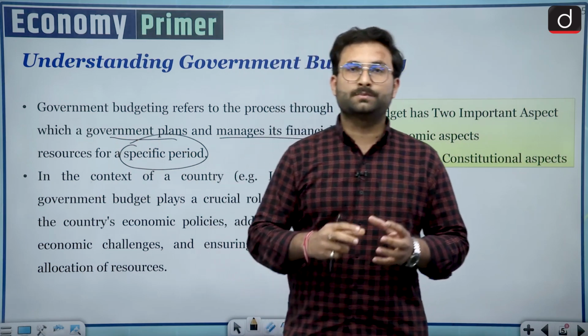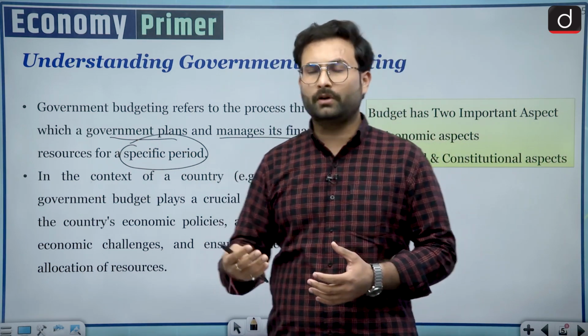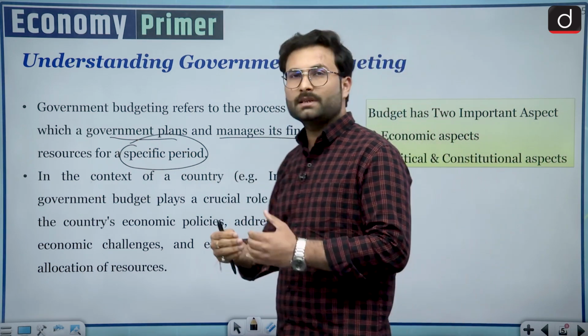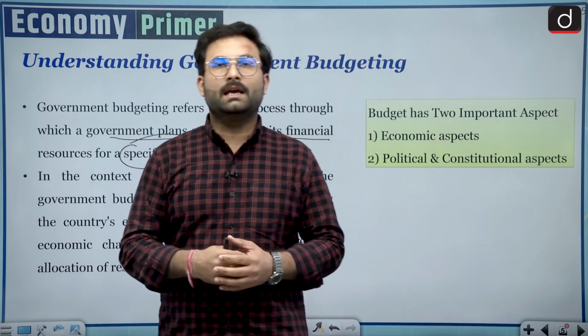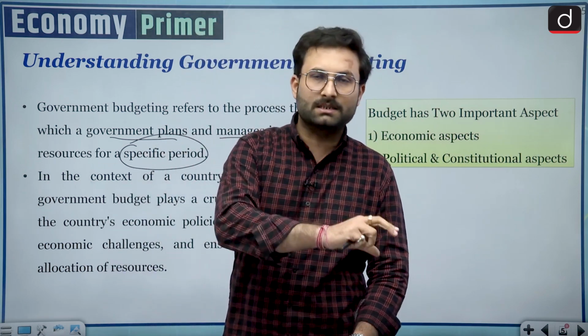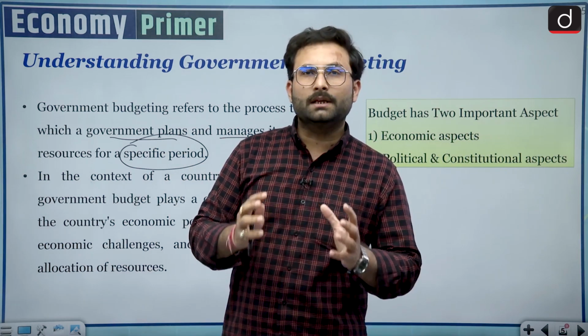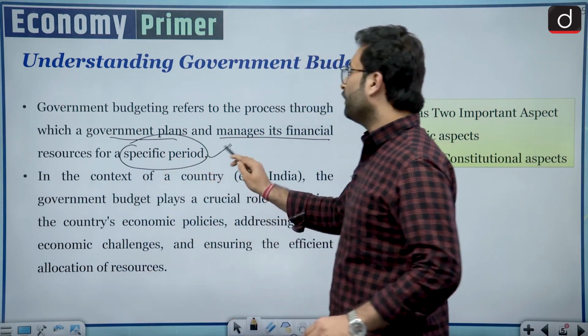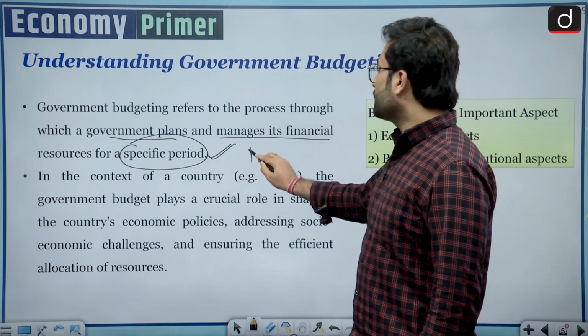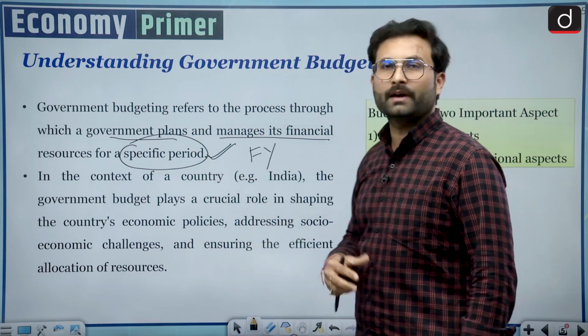When we are talking about a specific period, generally the budget has estimates, and then we have last year's data. Okay, so all these things are done for one financial year. That specific time period is basically your financial year.